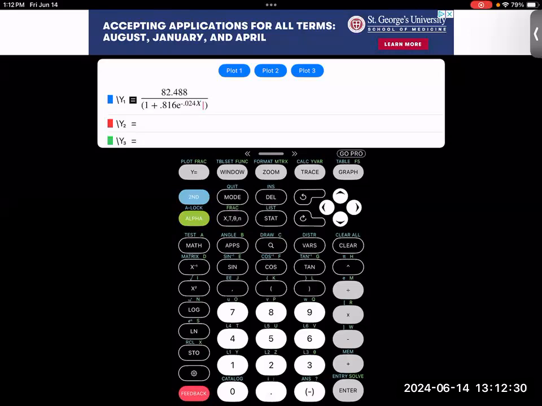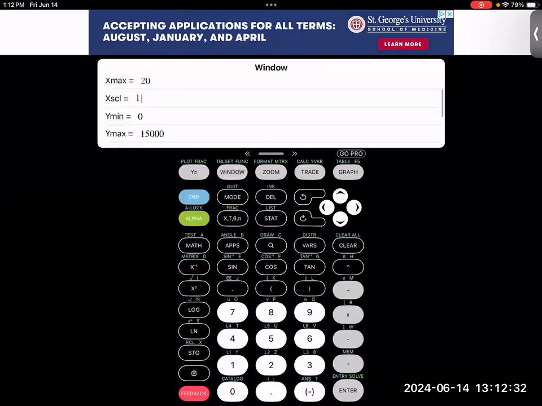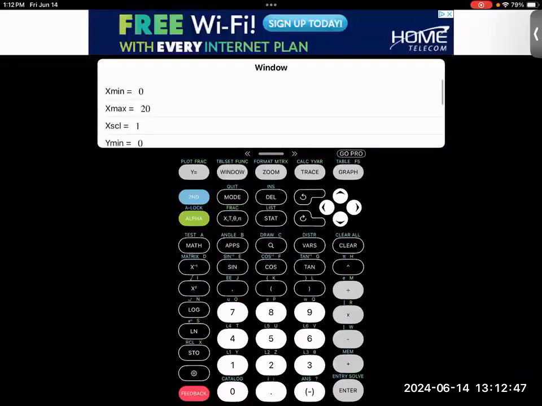Okay. Let's change around your window. Let's see, 82. We can just do 100. Oh, let's do 120. So we'll go up by tens. For now, we'll do that.